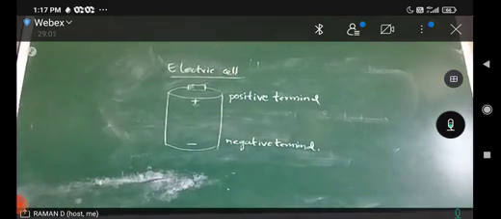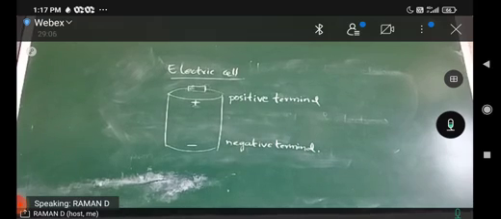If you take any electric cell, you can find two terminals, right?